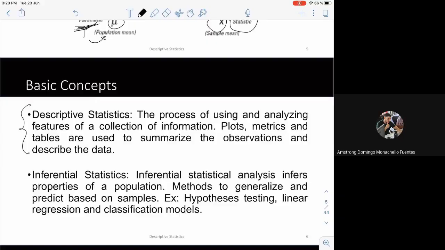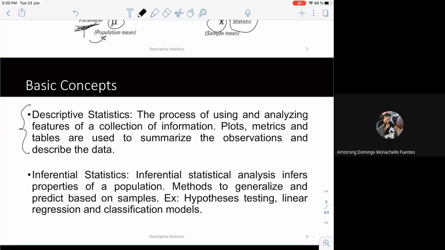So what are the tools that we have? You can use tables. A table will summarize the data. You can use plots: histograms, bar charts, pie charts, any other possible plot. Or we can use metrics like the average value, standard deviation, median, the mode. Some key statistics are useful when you want to summarize data.